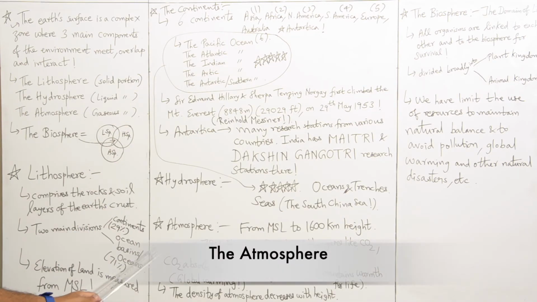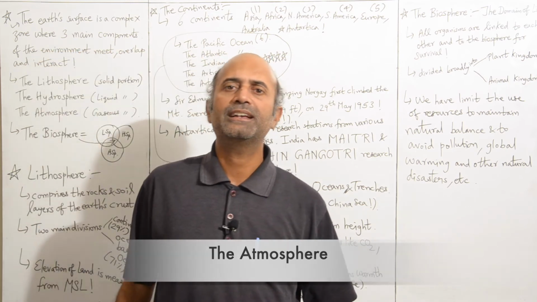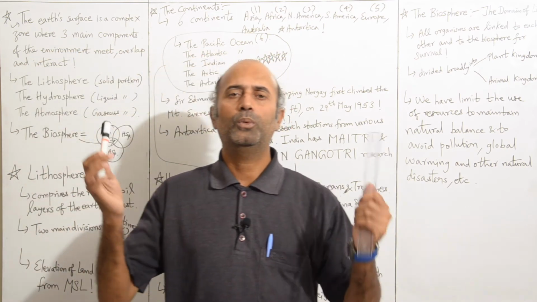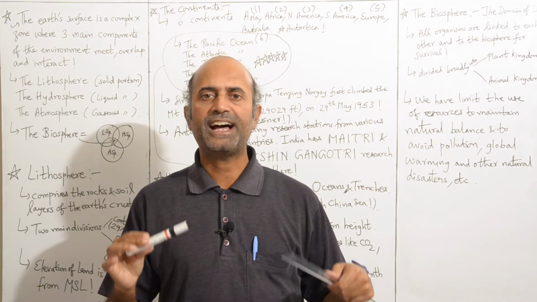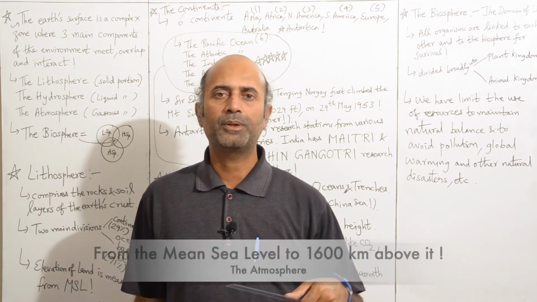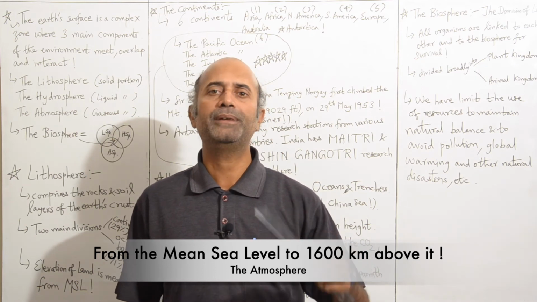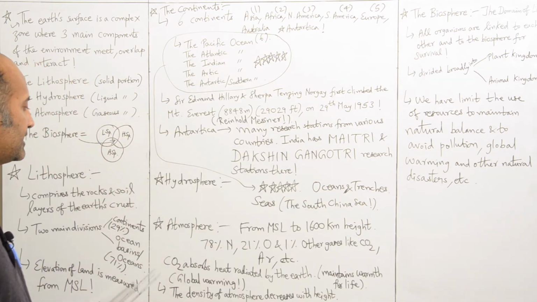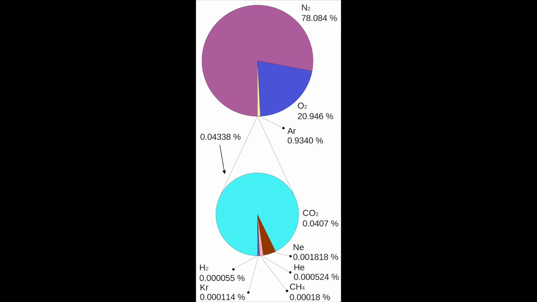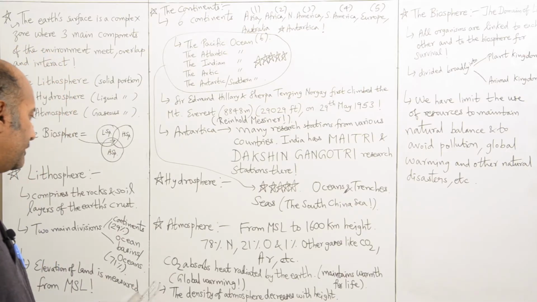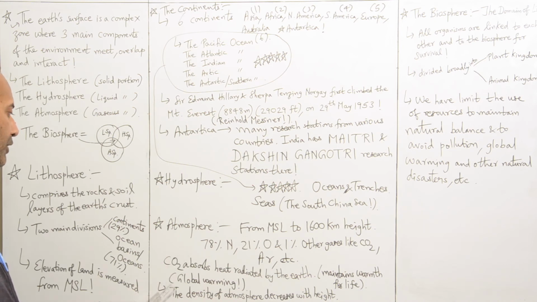Now we'll take a look at the atmosphere. So the atmosphere is the gaseous portion which covers the earth. The atmosphere ranges from the mean sea level to 1,600 kilometers above the mean sea level. The atmosphere mainly consists of 78% nitrogen, 21% oxygen, and 1% other gases like carbon dioxide, noble gases like argon, etc. Apart from this, carbon dioxide present in the atmosphere absorbs heat radiated by the earth.